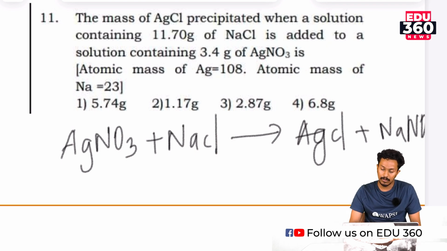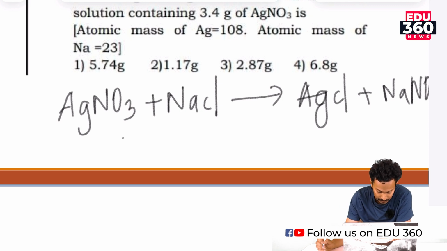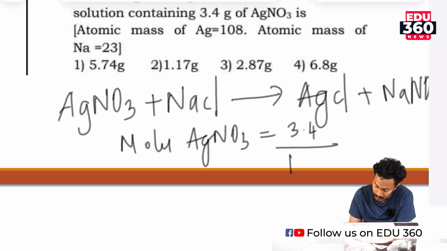Here we write out the known data. We do know that the moles of AgNO3 is given by given mass over molecular mass, which is 3.4 by 170, which is 0.02.